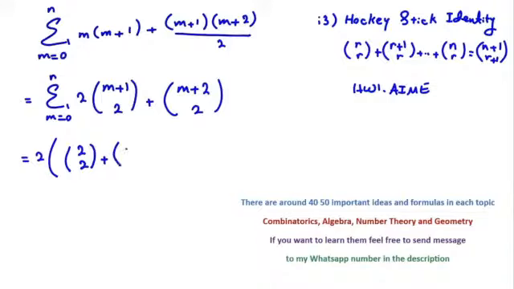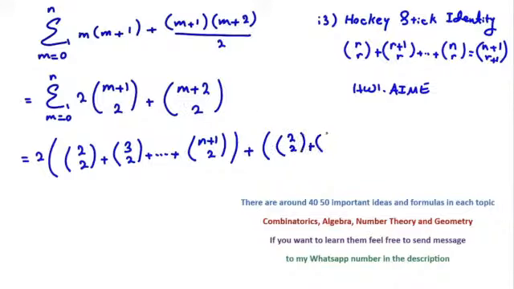We can start from 2 choose 2, 3 choose 2. Last one, if you replace m with n, n plus 1 choose 2. Plus this one, 0 will be 2 choose 2, plus 3 choose 2, up to n plus 2 choose 2.